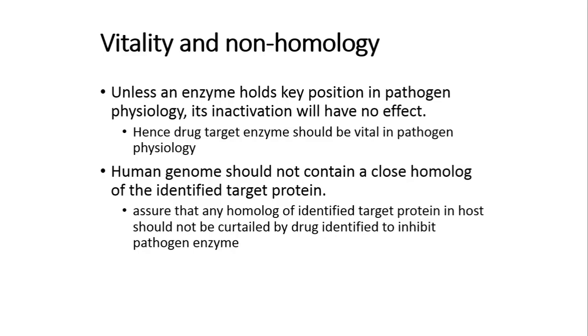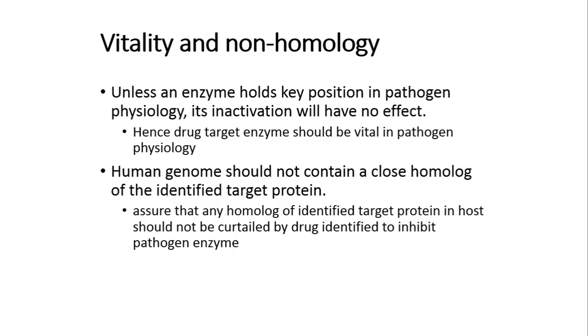Okay. The next criterion is this: say you have now identified enzymes which are unique. You have identified the unique enzyme that follows the choke point reaction. You have made sure that whatever choke point enzymes were unique are very vital. If you destroy that enzyme, the pathogen would eventually die.